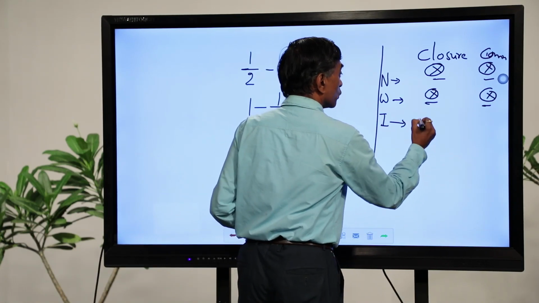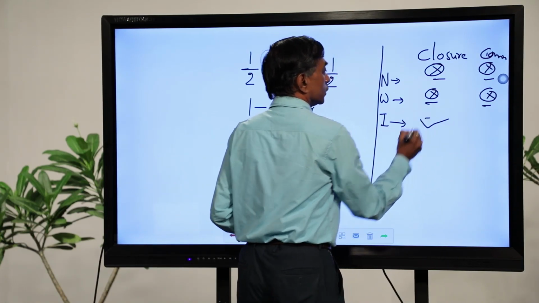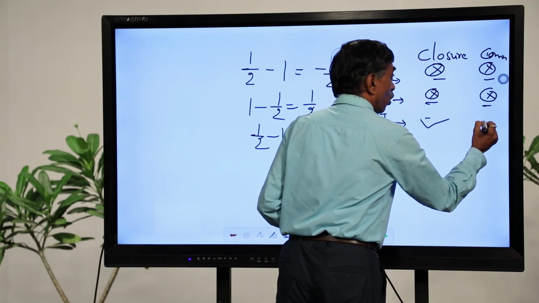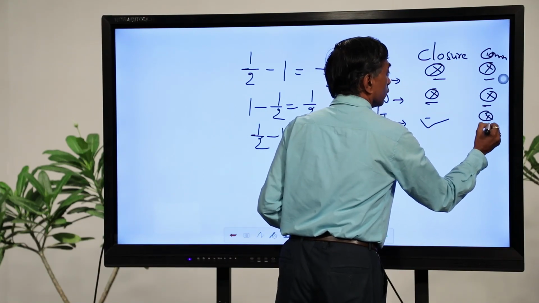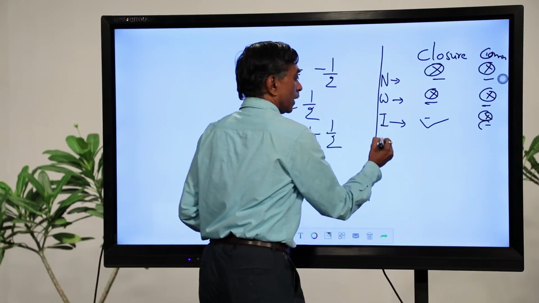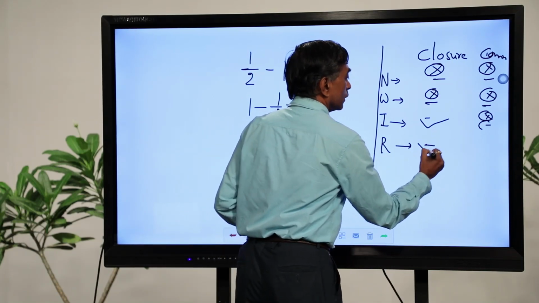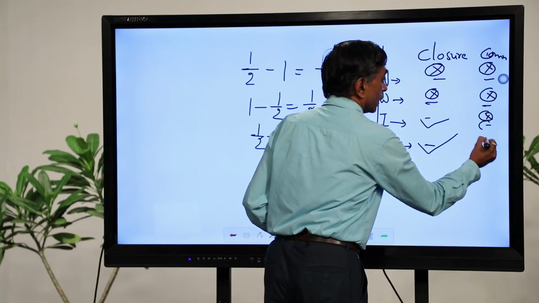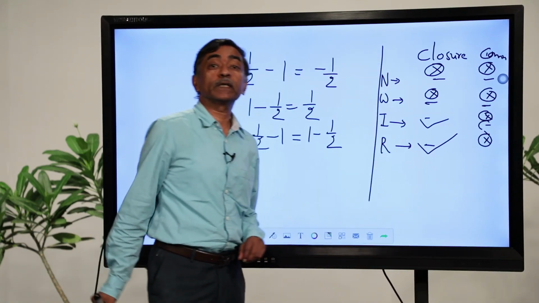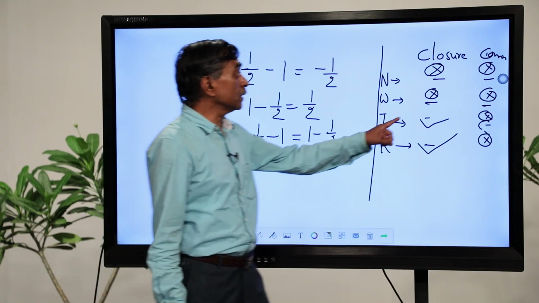Integers were closed under the operation of subtraction, but they are not commutative under it. What about rational numbers? Rational numbers are definitely closed under subtraction, but again they are not commutative. Look at this.